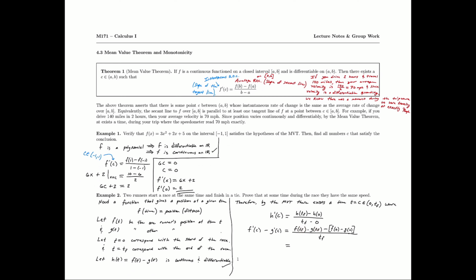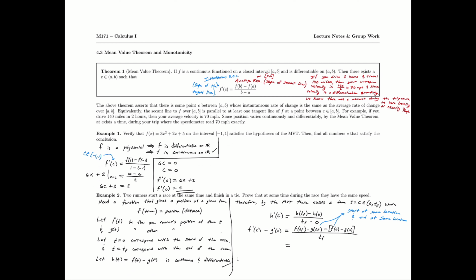Well, we know that at the end of the race they finish in a tie, so that means their positions have to be equal. So they start at the same location and end at the same location, because they both began at the start, and if they ended in a tie, that means they must have started and ended at exactly the same locations.